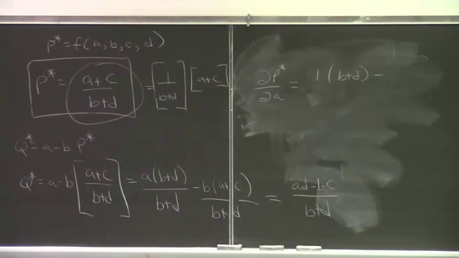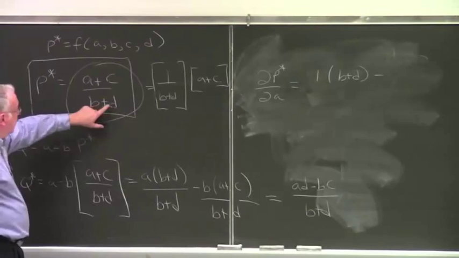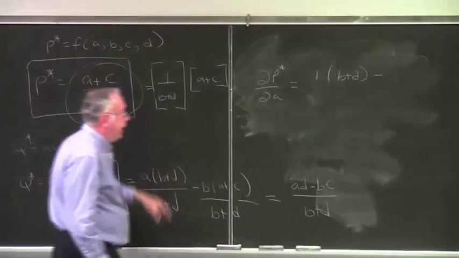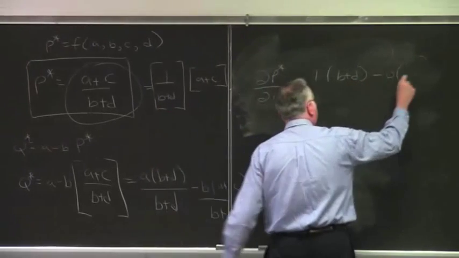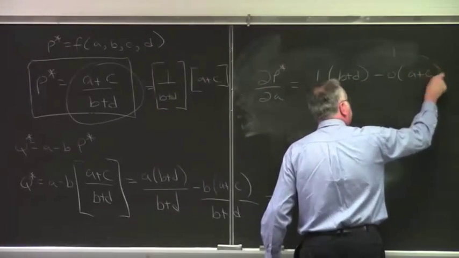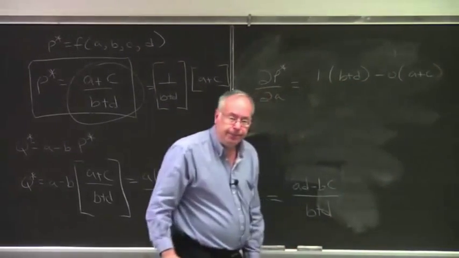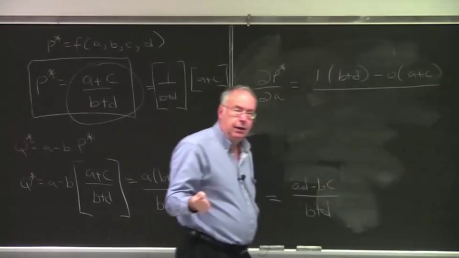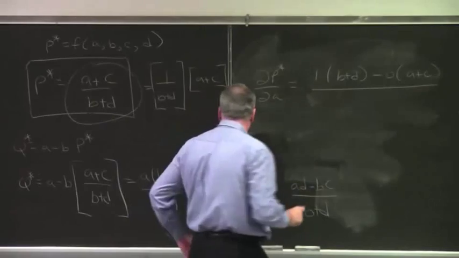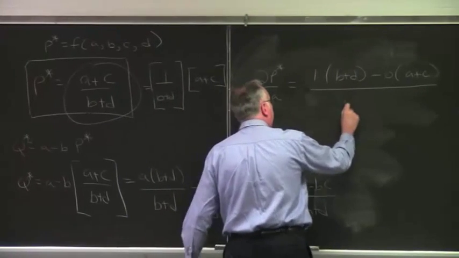So what is the derivative of the denominator with respect to a? 0. Here's our denominator, b plus d. The derivative of that is, as Diana said, 0, times the numerator. Just for the sake of completeness, I'll put that in. All over the denominator squared. So that's b plus d squared.